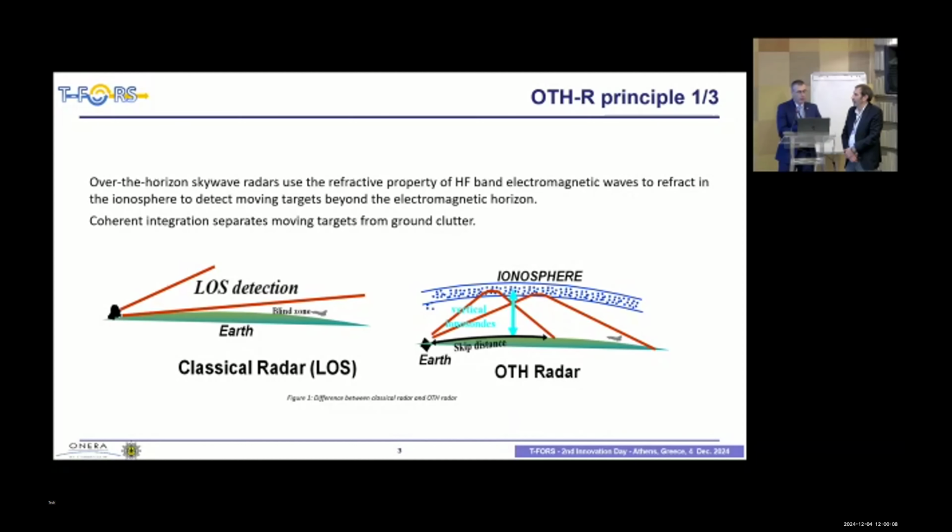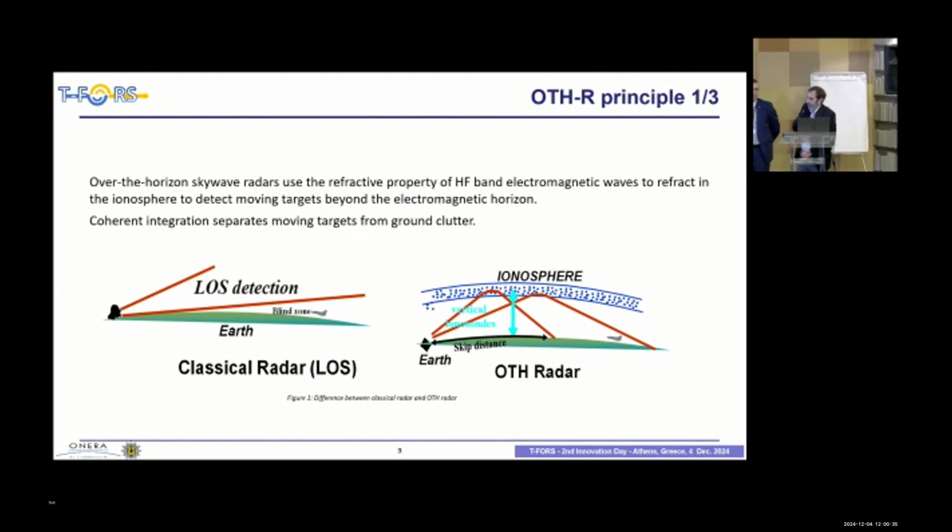So, Philippe. Okay, so some of you I think are well aware of what an OTH radar is. So for the others, just here something which explains how such a system can operate. Skywave over the horizon radar uses the reflective properties of HF band electromagnetic waves to reflect in the ionosphere.